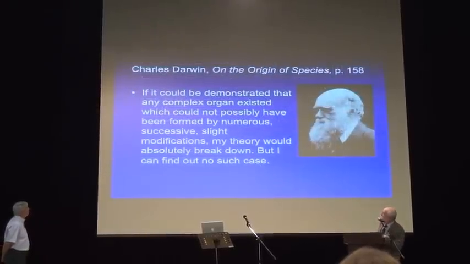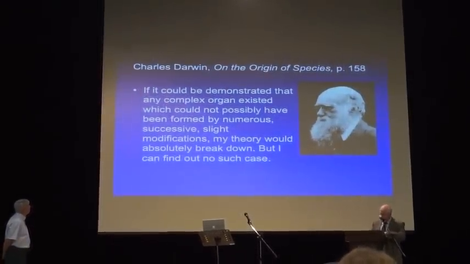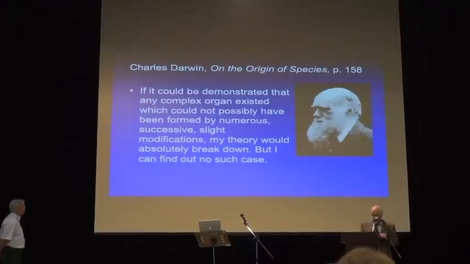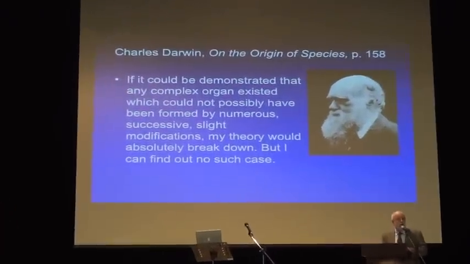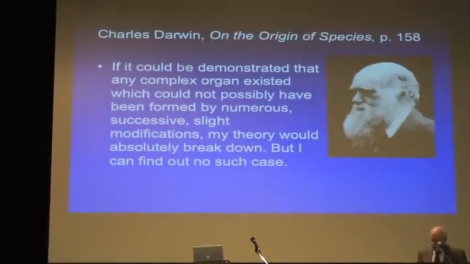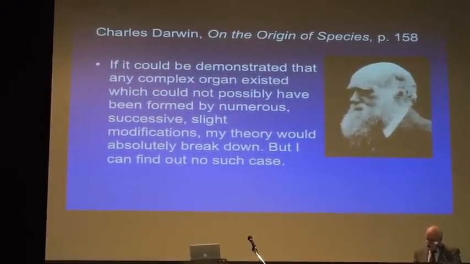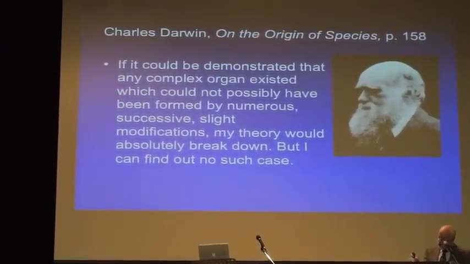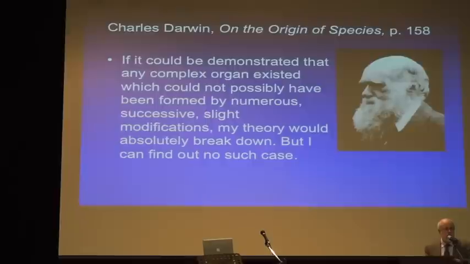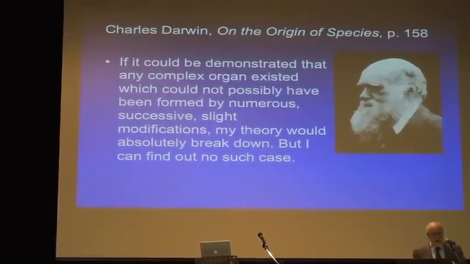He wrote, "If it could be demonstrated that any complex organ existed which could not possibly have been formed by numerous successive slight modifications, my theory would absolutely break down. But I can find out no such case," he said in 1859.